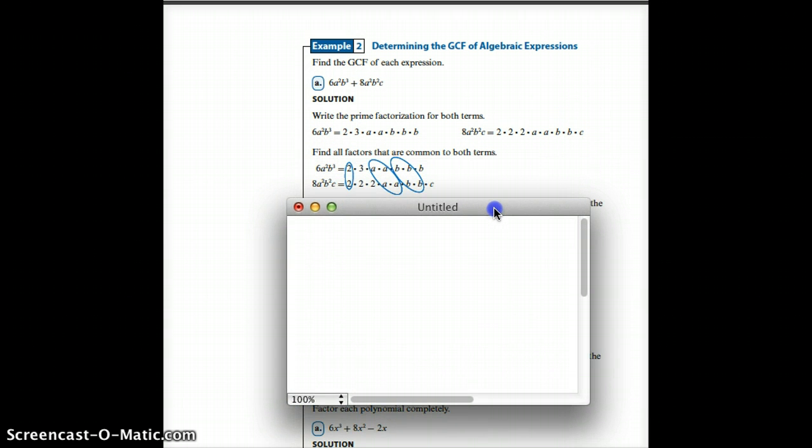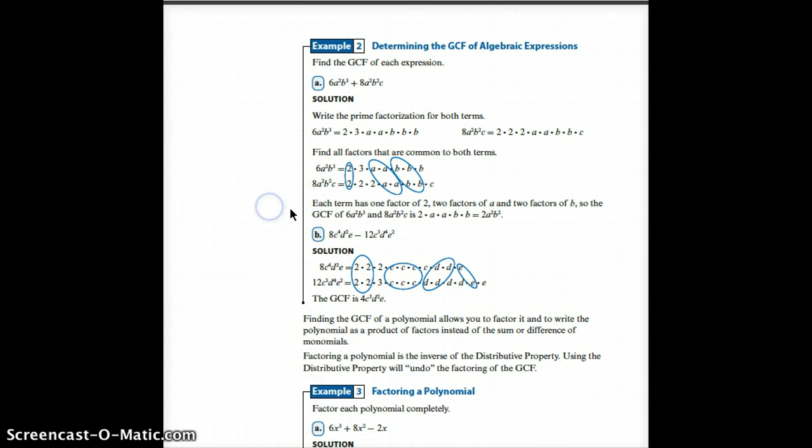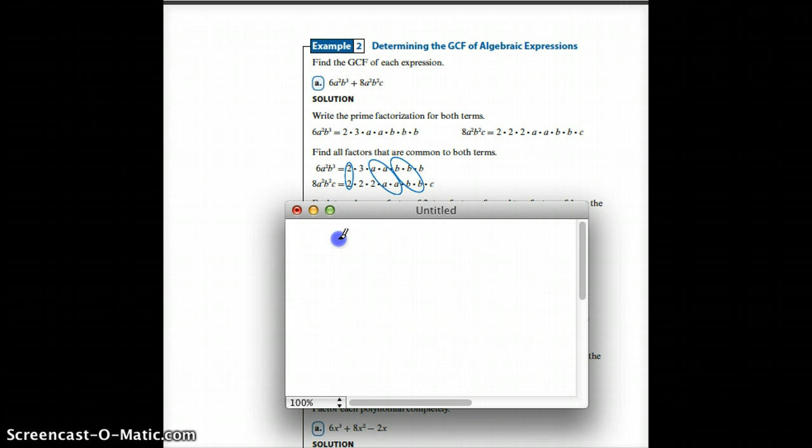Then you find all the factors that are common. This is very important. Notice what they did here. I like this. They wrote the factors on top of each other. They wrote the 2 here for the 6a squared b to the third, and the 2 there.